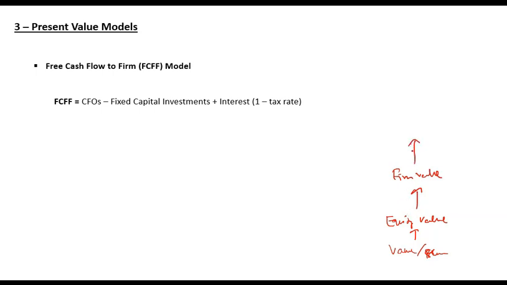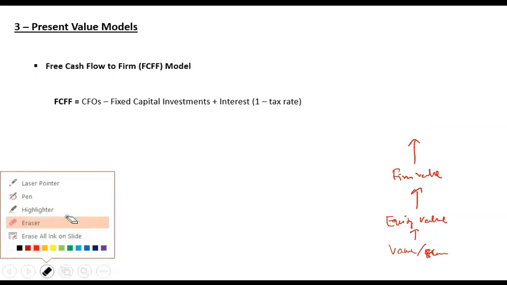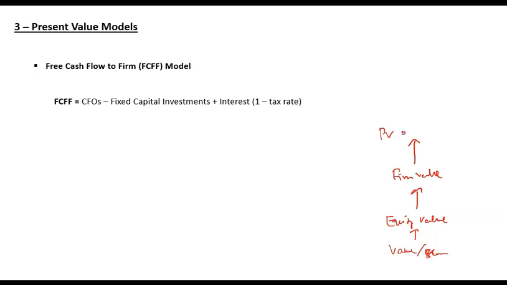For firm value you need the present value of FCFFs. For the present value of FCFFs you need future FCFFs, and you need a discount rate. For future FCFFs you need a future cash flow forecast.